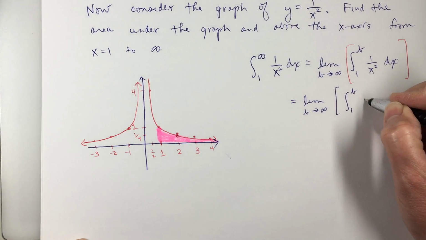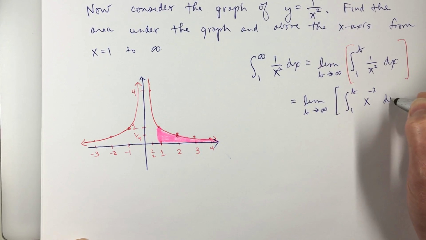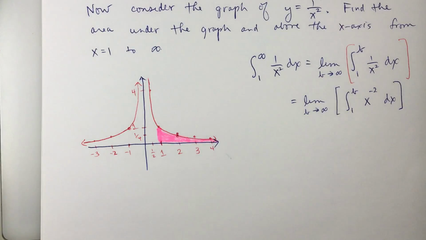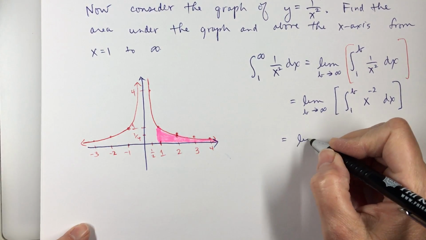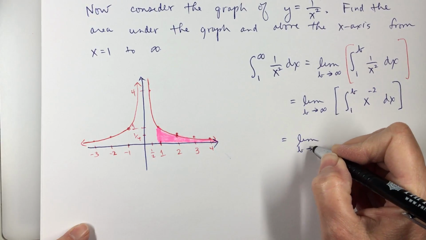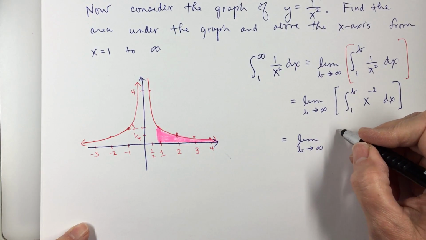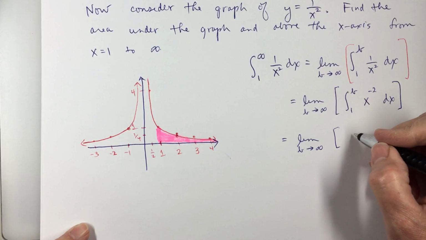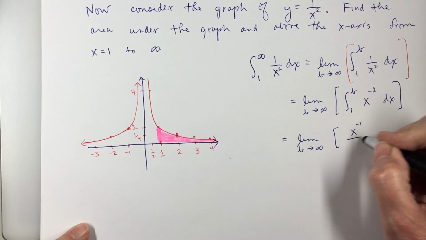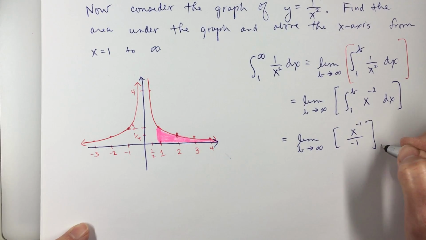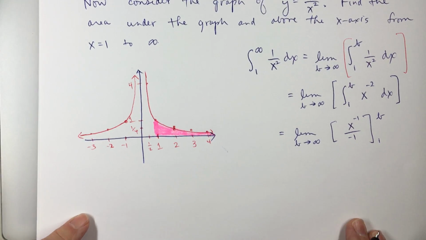The integral from 1 to b, that's x to the -2. So now to do the antiderivative, I'm going to add 1 to -2 and get -1. And then I'll divide by that -1, by that higher exponent. So I'll have x to the -1 over -1 from 1 to b.